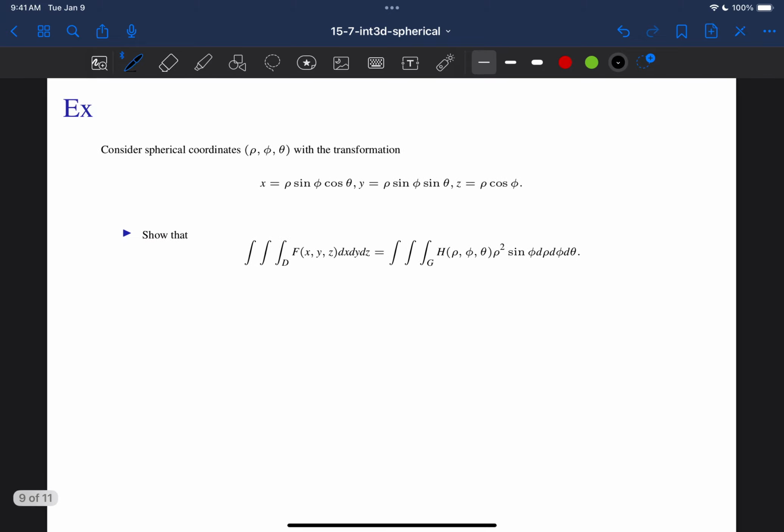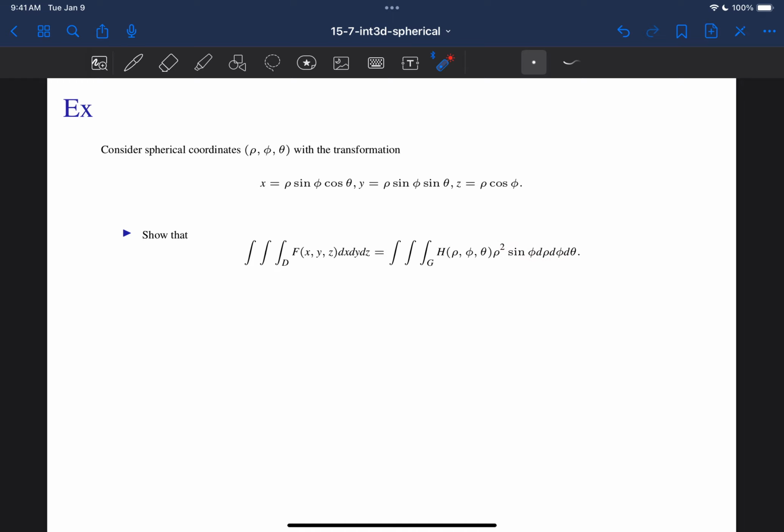So let me first skip this into here. This is the triple integral formula. The triple integral of f dx dy dz is the same as the triple integral of h over the region after transformation, and h is f after substituting the corresponding x, y, z in terms of rho, phi, theta, and dx dy dz is given by rho squared sine phi d rho d phi d theta.